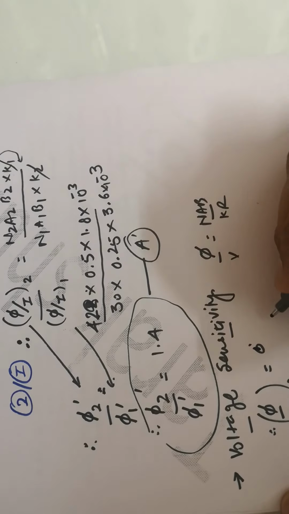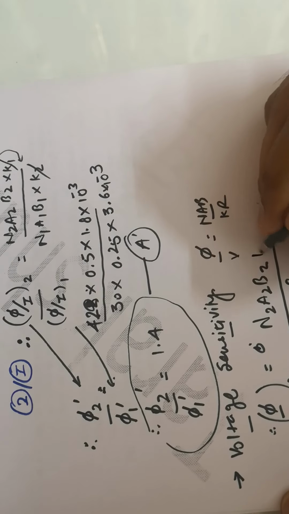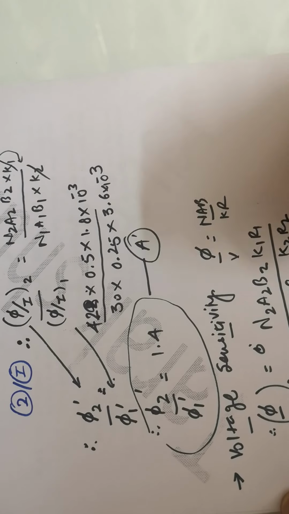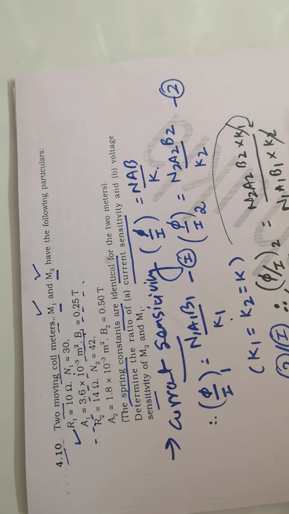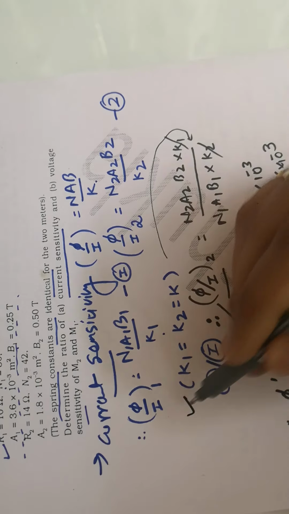I can directly place the values: N2 A2 B2 over N1 A1 B1, with K1 R1 and K2 R2. You can see that K1 and K2 can be cancelled out, because it has been mentioned that both are equal.